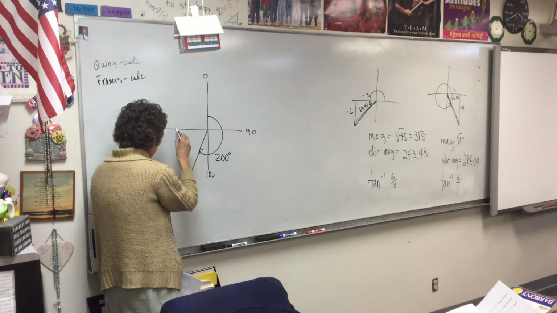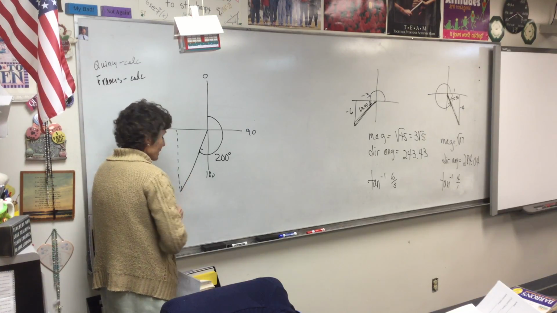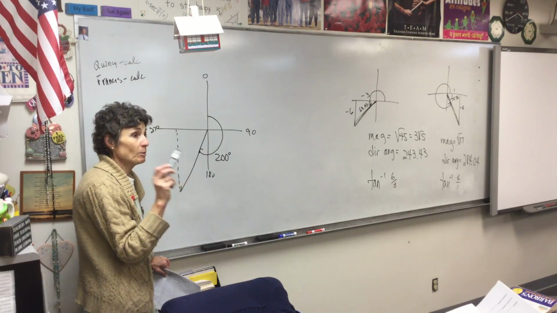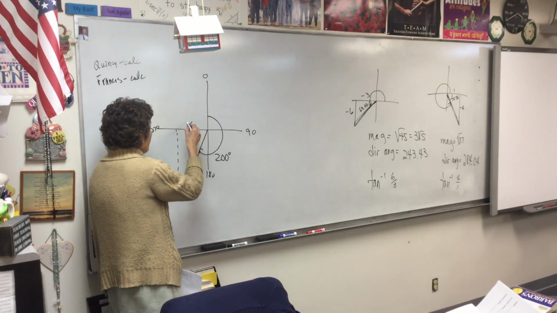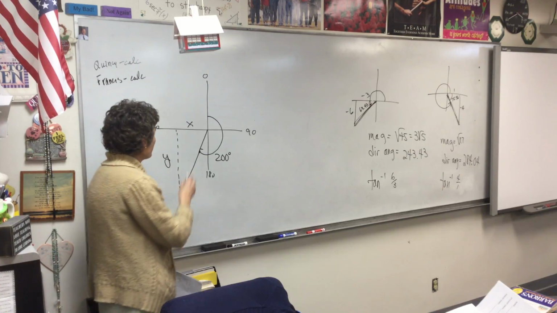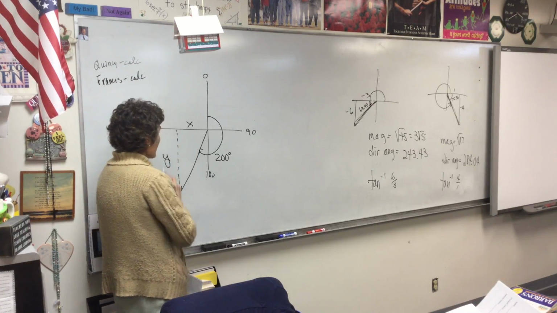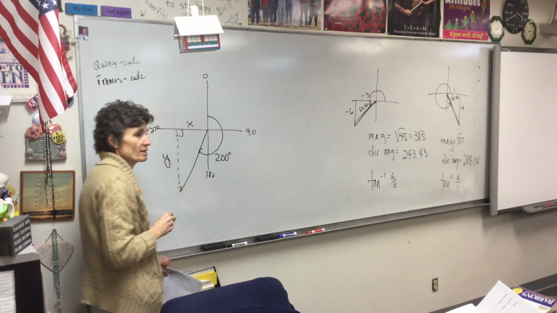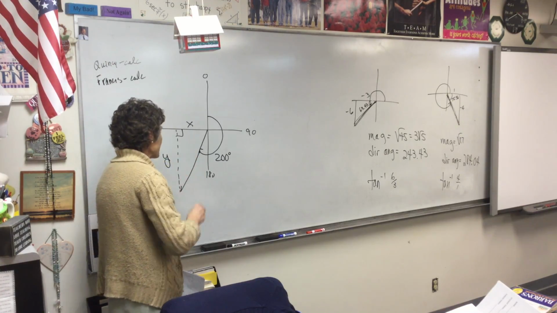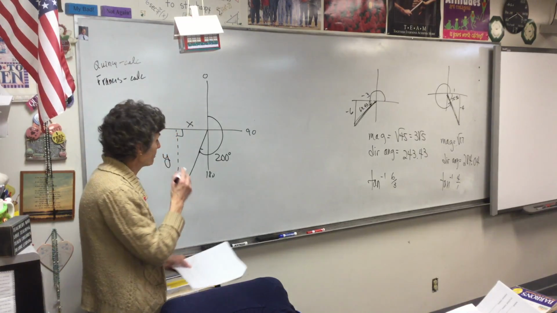Now I'm going to make my butterfly bow tie triangle like I always do. And the problem wants the coordinates, the components. The problem wants to know what are the x and the y that go with this picture. Now, do I know anything else about the triangle? Read the problem, look at the picture.